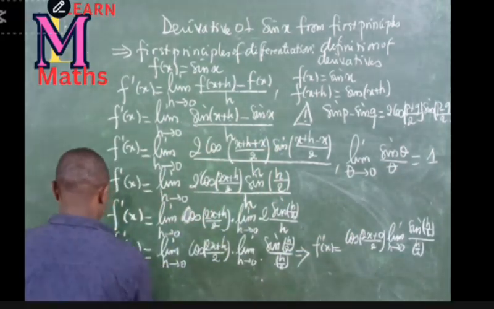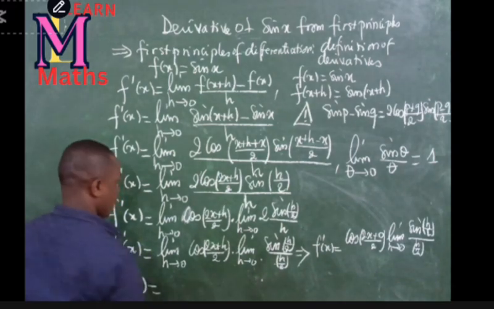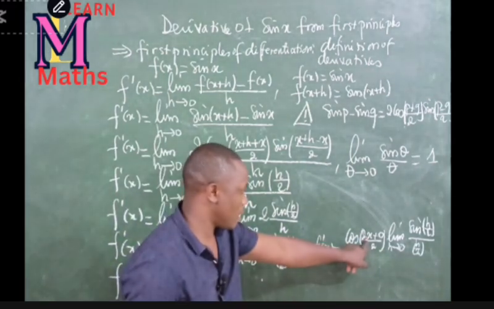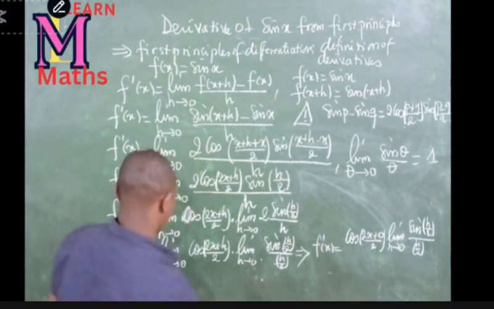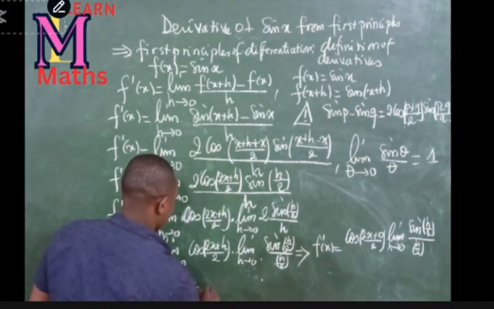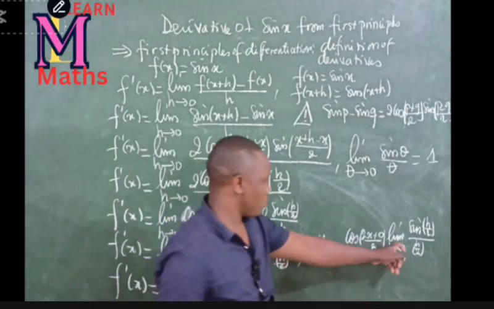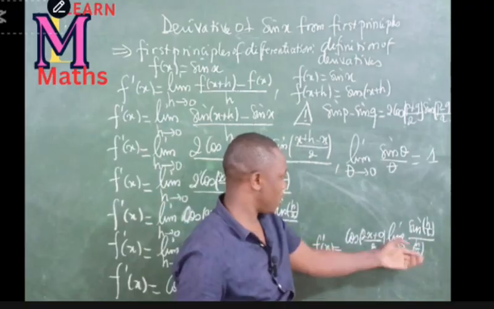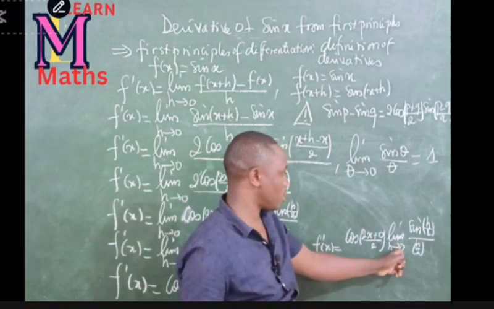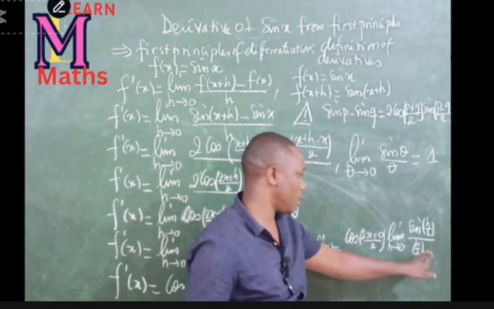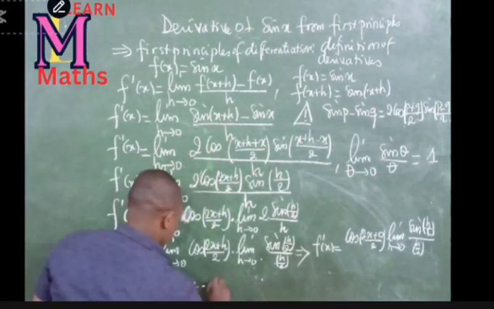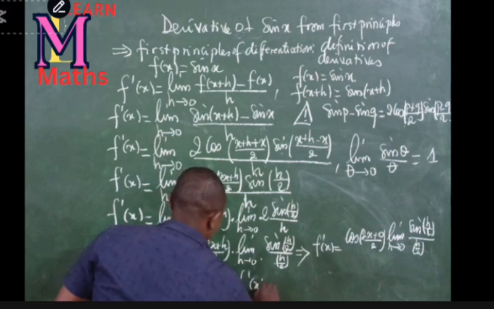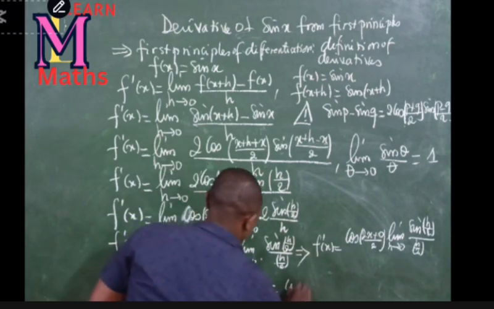Now, f derivative is going to be cosine 2x over 2, that is cosine x, times 1, because the limit as h approaches 0 of sine h over 2 by h over 2 is 1. Here we multiply by 1. So f prime of x is cosine x.